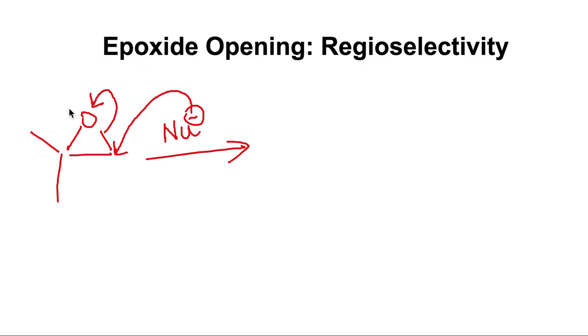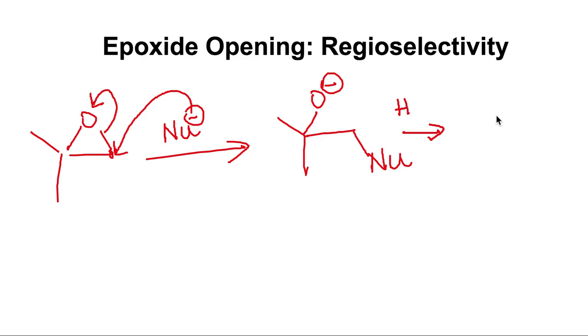This is an SN2 type reaction: as the nucleophile is attacking, the leaving group is leaving. And it's an intramolecular type of reaction because it happens within the same molecule. So I am going to get the nucleophile connected to that carbon right here. That carbon is going to open up, and then I get the O minus that just left.